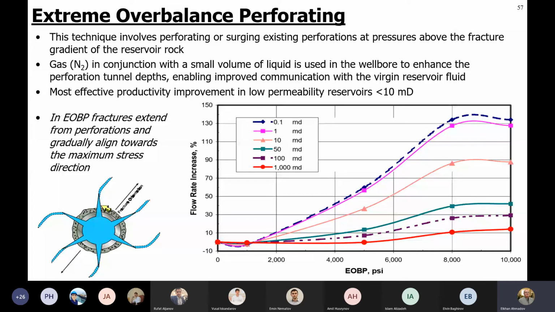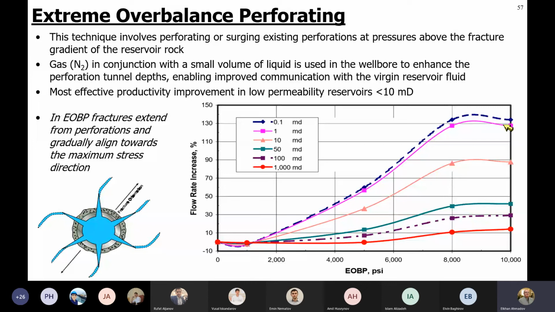You can see there is still some effect, more than 10%, which is still substantial. But it is not comparable to the effect when you get more than 100%, more than a twice increase in the well productivity or flow rate for the lower permeabilities. So the higher the permeability, the lower the effect of fracturing.